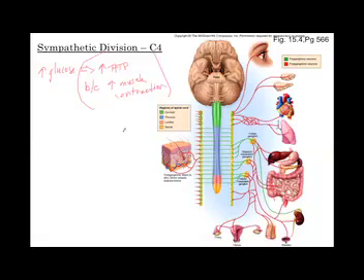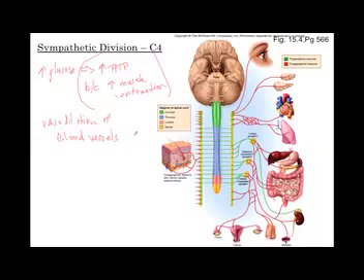Okay, heart rate goes up, that increases your blood pressure, but you want to increase the flow of blood to those skeletal muscle cells. So what we're going to see is a vasodilation of blood vessels that go to the skeletal muscle and to the cardiac muscle.